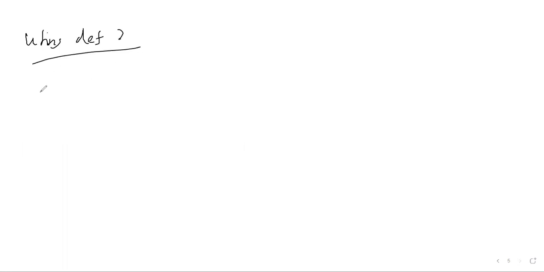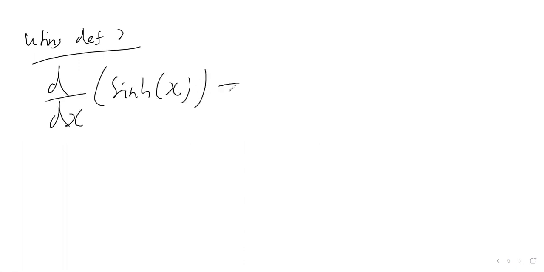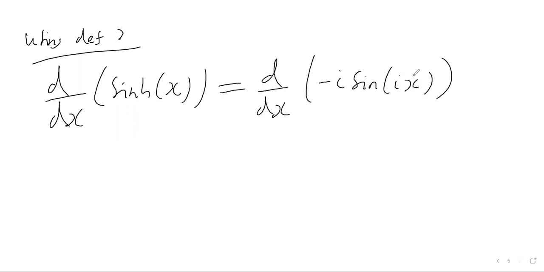Using definition 2, if we differentiate hyperbolic sine of x, by definition this is exactly the same as differentiating negative i sine of ix. If you're not familiar with complex variables, this i is just the square root of -1. Again, this is a bit of chain rule. We've got this negative i constant, so I'm going to bring that out to the front because that is just a constant.